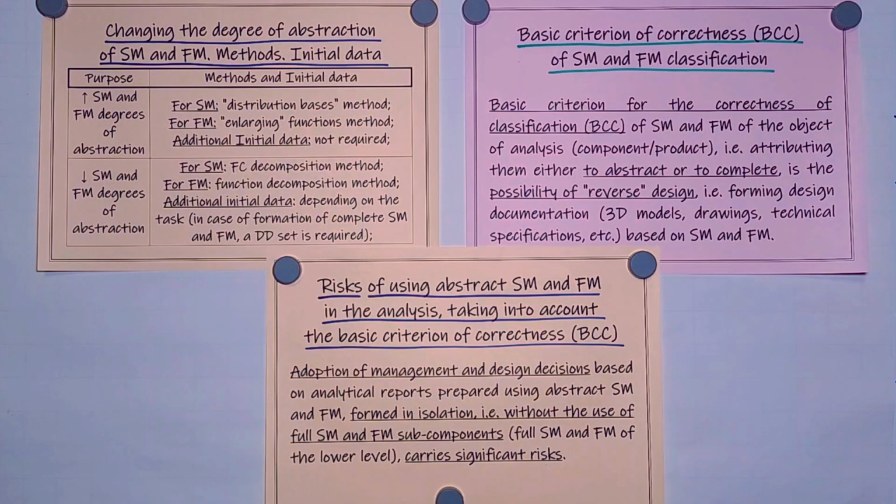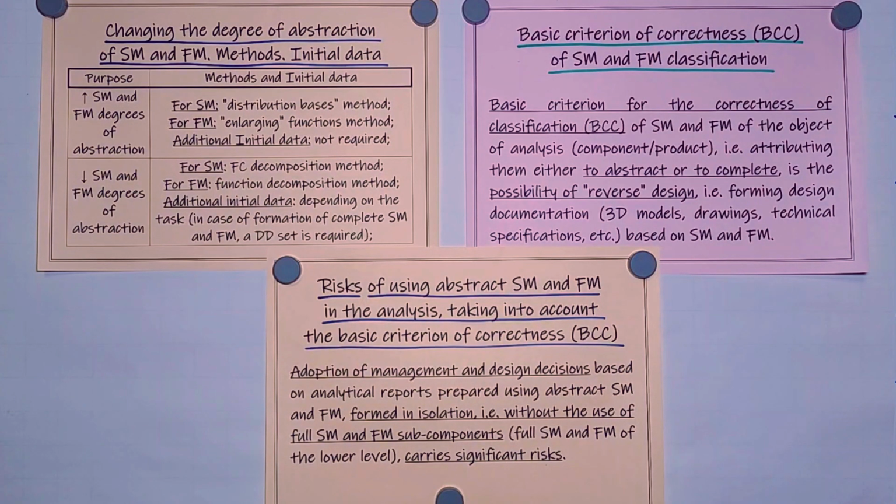The difference between the process of reducing the degree of abstraction and the process of increasing it is the emergence of a need for new, additional information. We return to the question of initial data for the formation of structural and functional models, which we considered in issue number 7. In this case, the requirements for the volume of initial data depend on the task.